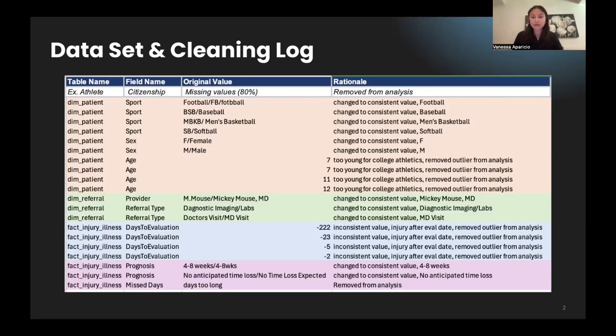So instead of deleting those participants entirely and going back to the other tables and deleting their IDs as well, I decided to just remove their age so that way I could still keep their data of their injuries while maintaining consistent values for patient age because this didn't really affect the trends that I decided to examine.